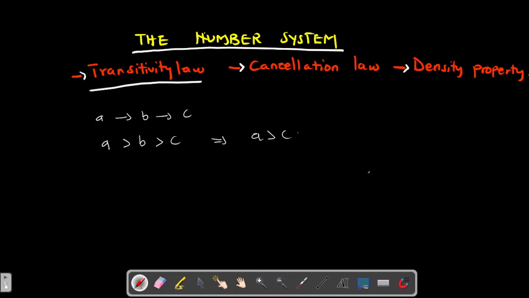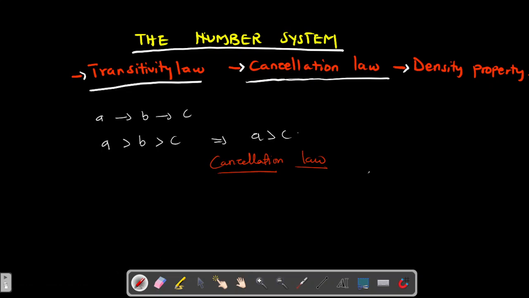Now let's talk about cancellation law. So what is cancellation law and why cancellation law? So let me write cancellation law here. When you talk about cancellation law, it's just an idea of removing like terms from different sides of an equation.